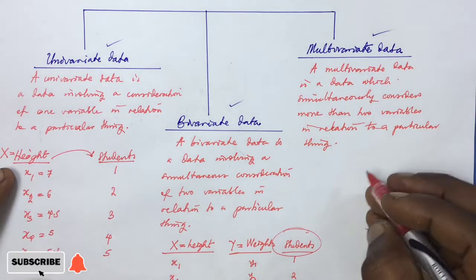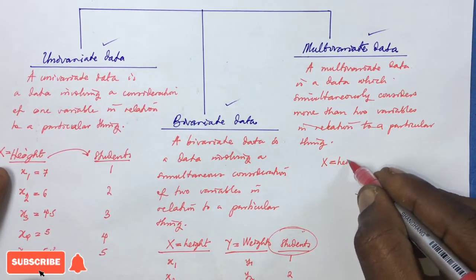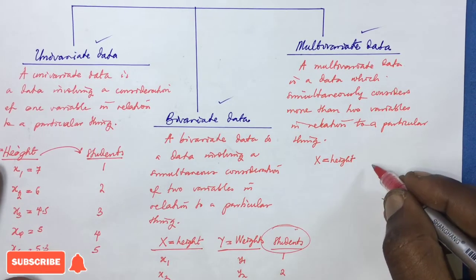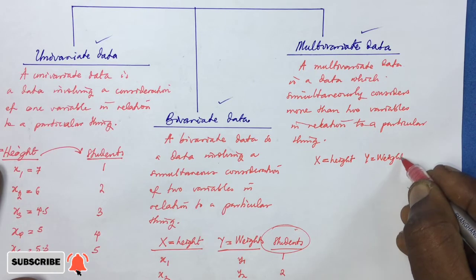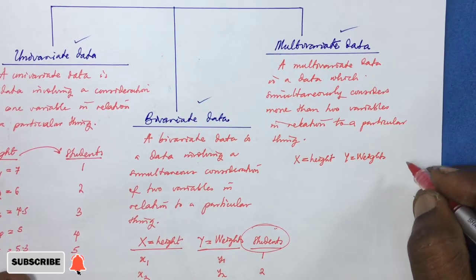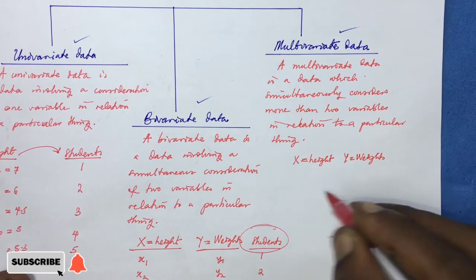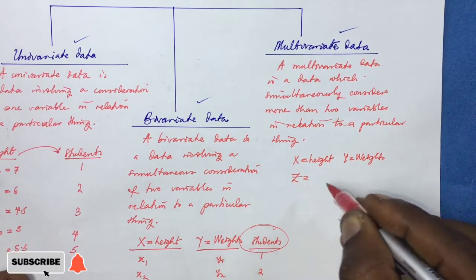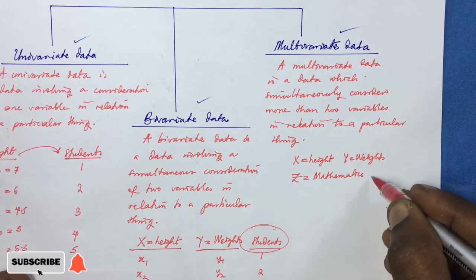Now, you could also give an example if we continue along that line, that we have height, we have weight, and we now have, let's say, mathematics score. Let's call this variable z, to be mathematics scores.